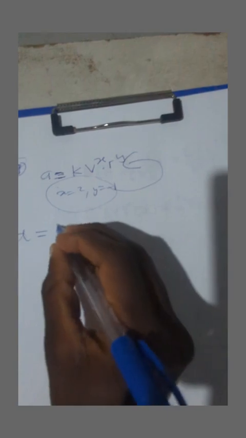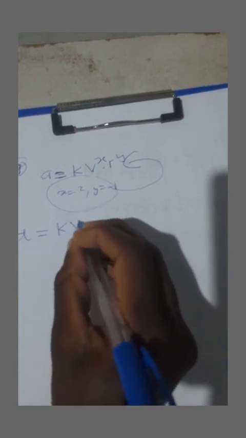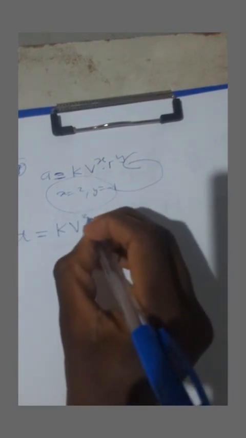So this is the equation: k is equal to v to the power x multiplied by r to the power y. Now we have found the values: x is 2 and y is negative 1. Since these values are found, we replace them in the expression that we made. So acceleration is equal to the constant k, v to the power 2, and r to the power negative 1.